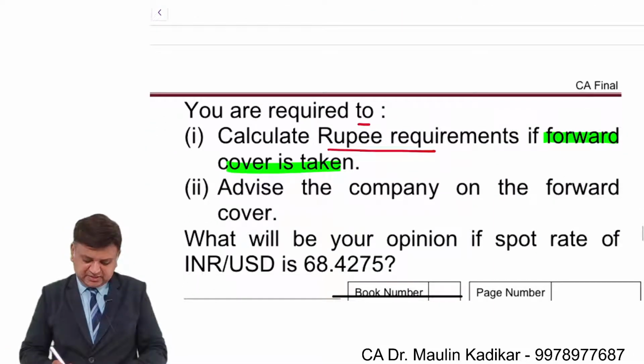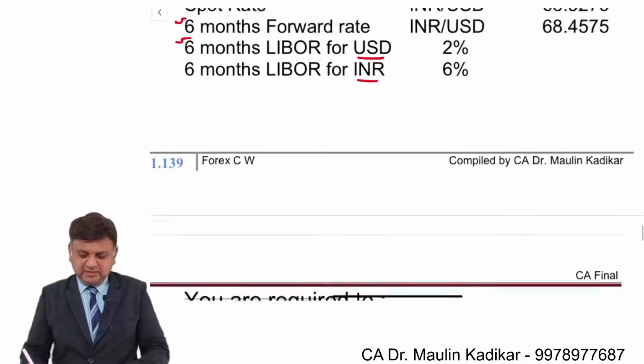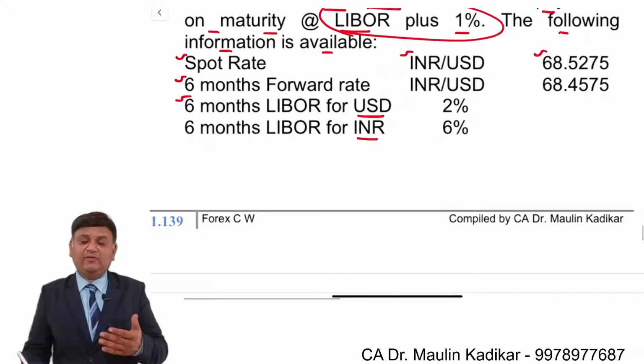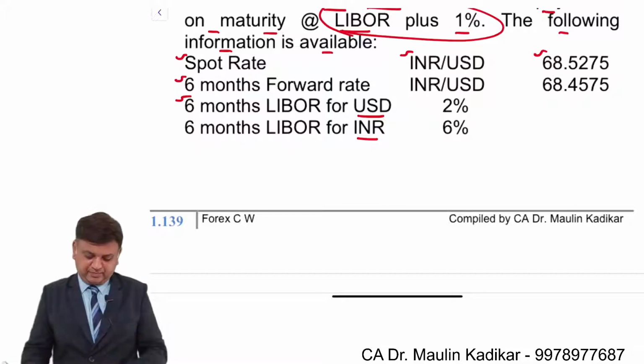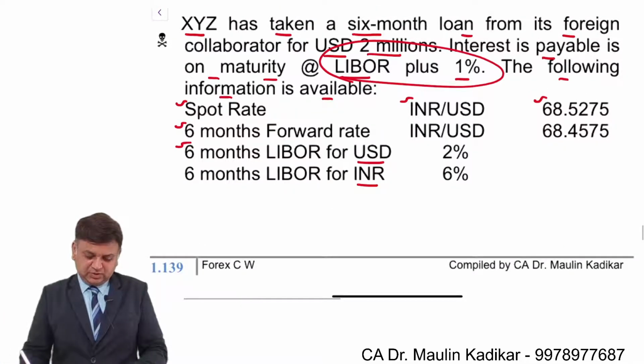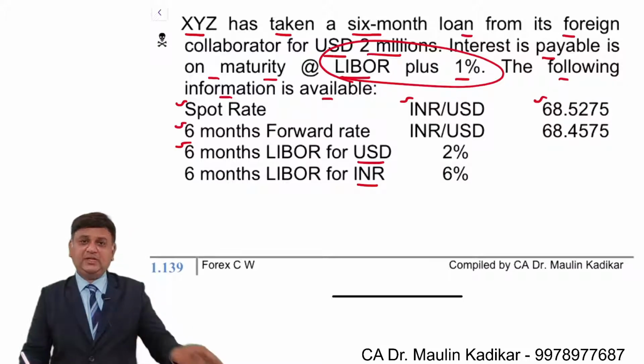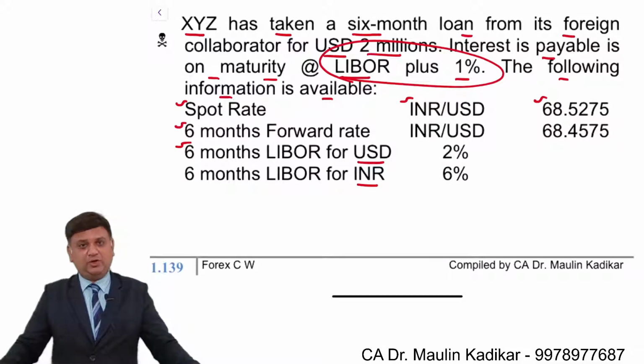The second part of the question says to advise the company on the forward cover. Means the question asks whether the forward cover should be taken up. That is the question. So here, from the given information, we are required to take a decision on whether forward cover should be taken up or not.